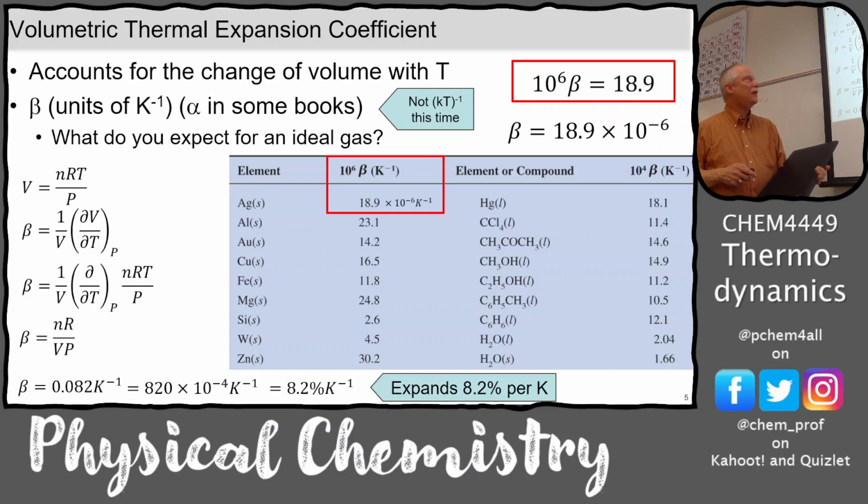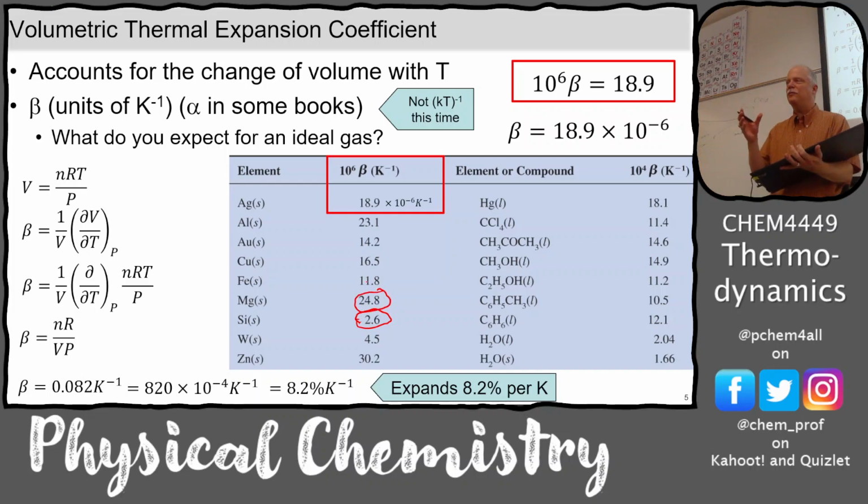Okay. And you can look at the numbers here. Look how distinct the different metals are. So silver, aluminum, gold, copper, they change by quite a bit. In fact, down here at silicon, silicon's only 2.6, and magnesium's 24. So magnesium expands and contracts 24 times more than silicon.